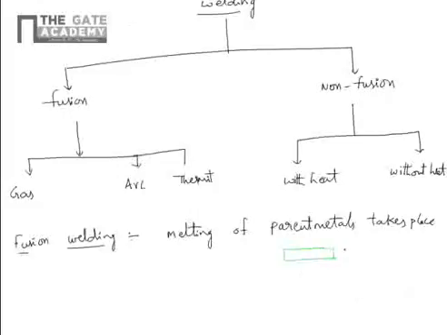Suppose I am joining piece A and piece B. A and B are called parent metals. This is filler material to fill that joint. Here A and B are parent metals.